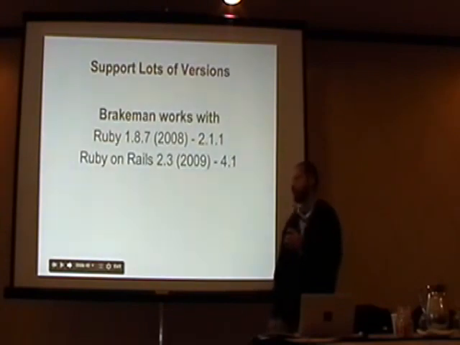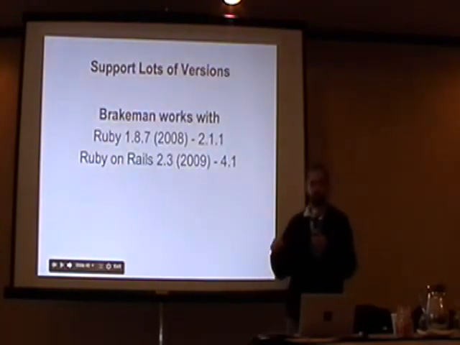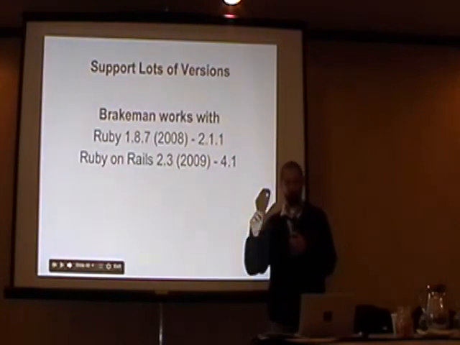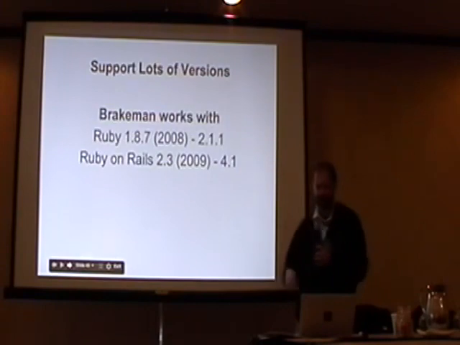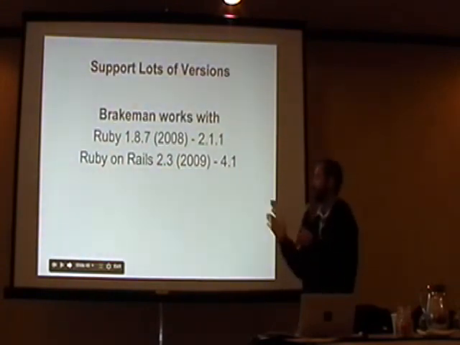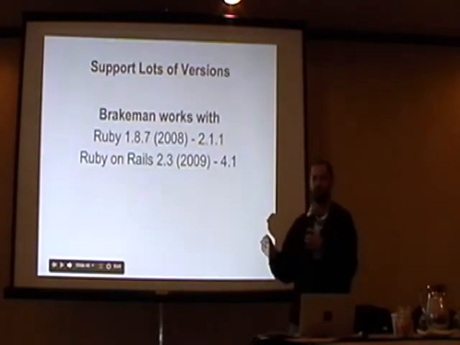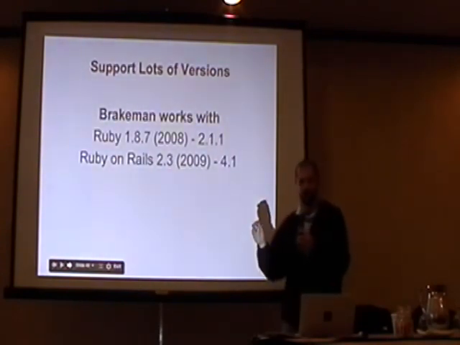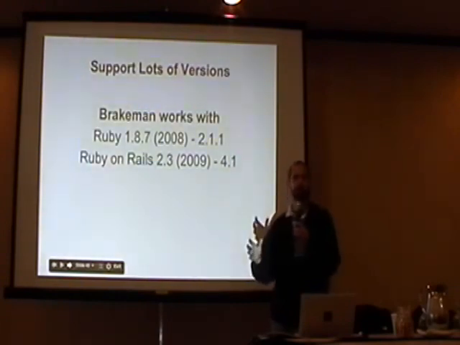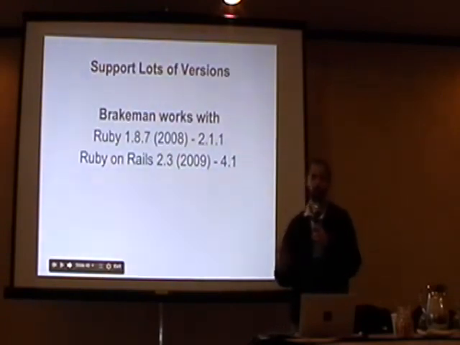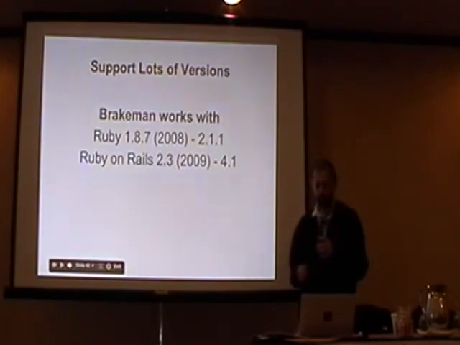Support lots of versions. I think one of the reasons that Brakeman has been successful is, you should see my notes, sorry. I think my cat walked across it when I was writing that. This is kind of an accident of when I started writing it. And the fact that a lot of companies are still using legacy versions of Ruby, especially 3.5, 4 years ago.